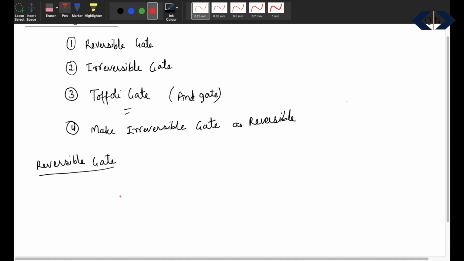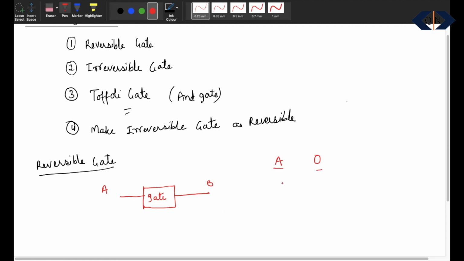So suppose there is a gate, and through this gate we can determine what its input was. So this is input, this is output.